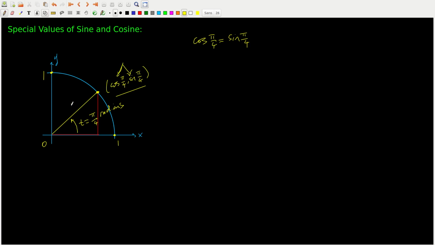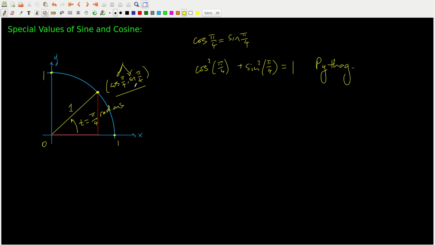So this must be the same number in both the x and y positions. We know this is a unit circle, so we know the diagonal here is 1. So we've got the Pythagorean theorem, which told us that cosine squared plus sine squared was equal to 1. So just doing that when t is equal to pi over 4, this is our version of Pythagoras for trig.